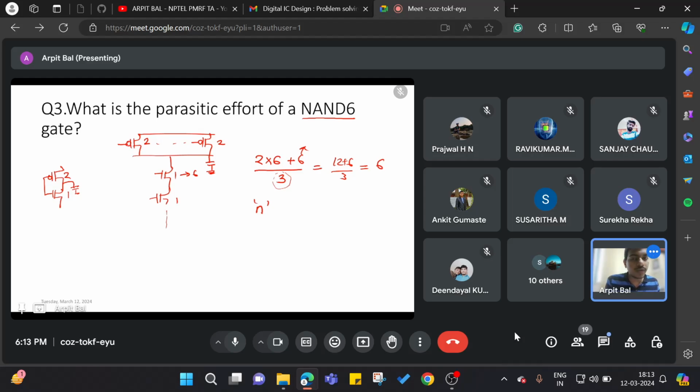Logical effort is basically the capacitive loading that a particular gate puts on the previous gate, and parasitic effort is the capacitive loading that the gate puts on itself. That's the intuition behind parasitic effort and logical effort.